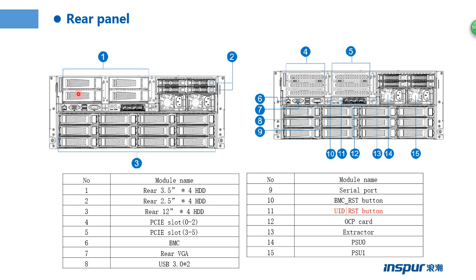This page shows the rear panel. You can see there are many hard drives: the rear 4 3.5 inch hard drives, the rear 4 2.5 inch hard drives, and the 12 rear hard drives.